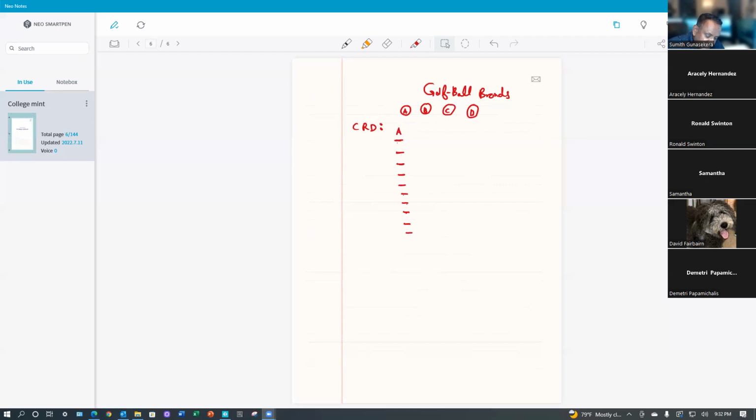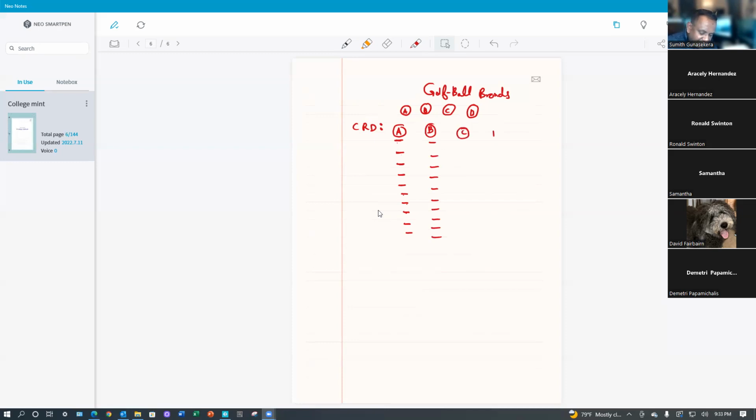Let's say 10 balls from brand A are selected, and then again for brand B we have those readings too. What are these readings? The readings are how far the balls travel when struck by the golf club. Those are the distances.